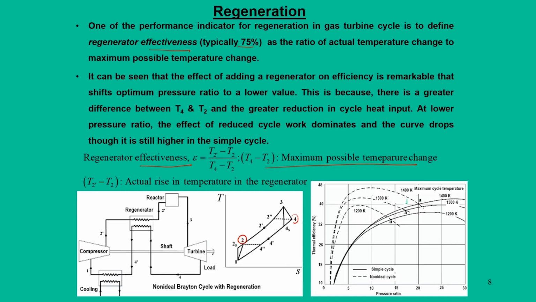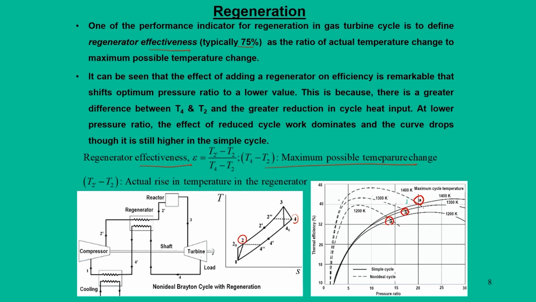Through that way we can see that by using this regenerator, if you correlate this temperature entropy diagram with the thermal efficiency of the cycle, there are some locations, at point A, at one particular temperature.